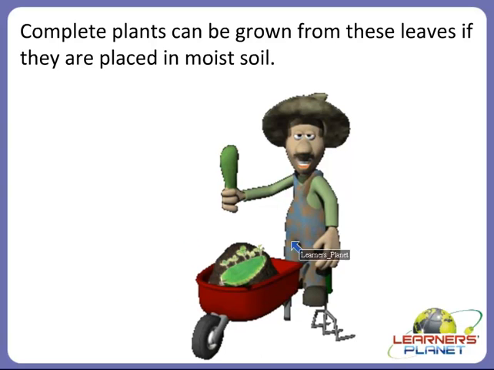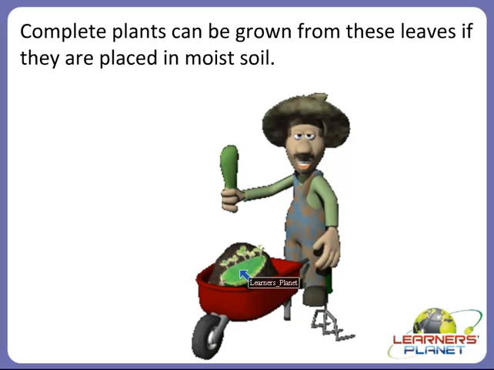As you can see in this picture, a man is placing this bryophyllum leaf in the moist soil. But we can also place just one single young plant which is present along the edge of the leaf into the moist soil, and then after some days it will grow into a complete bryophyllum plant, right?